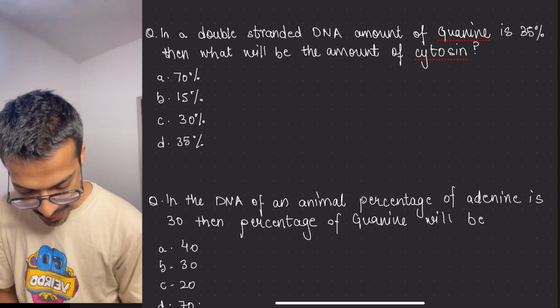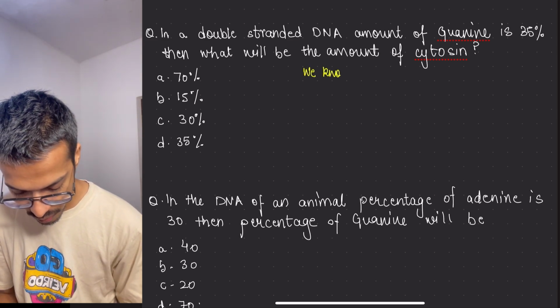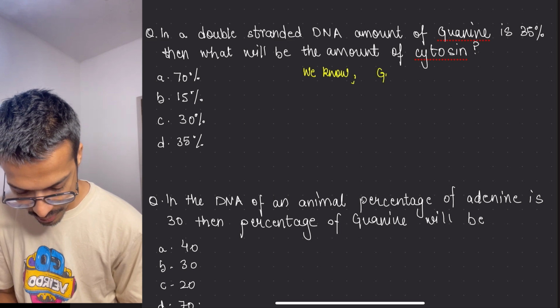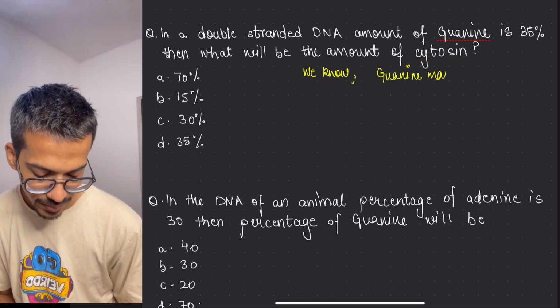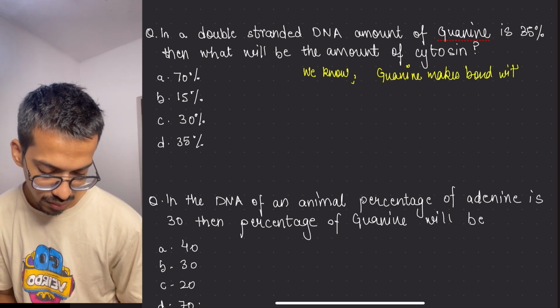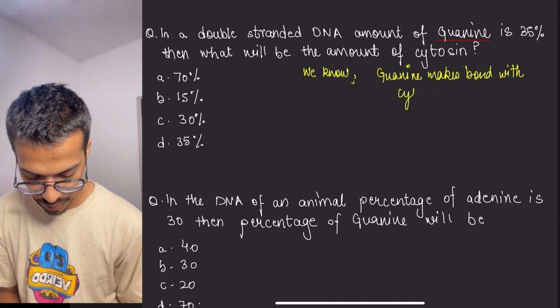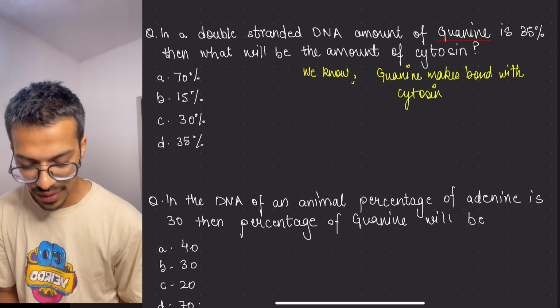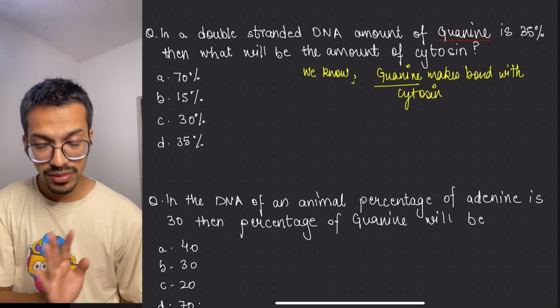So we know guanine makes bond with cytosine. Whatever the amount of guanine, the same would be the amount of cytosine.